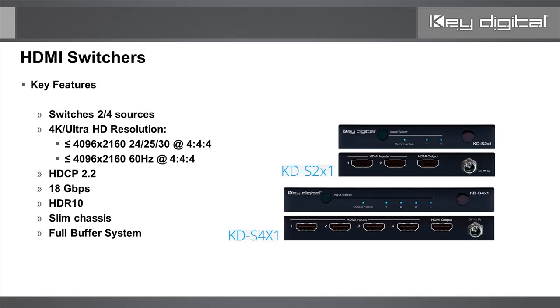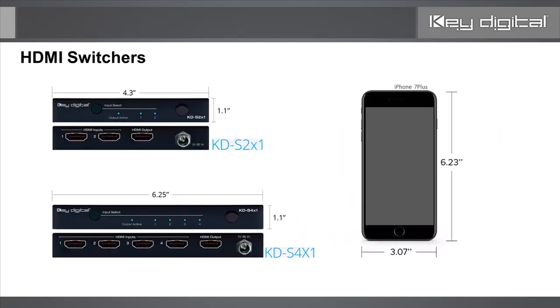So we have KDS 2x1 and KDS 4x1, push button and IR controllable devices that are full 18G UHD 4K resolution support with HDCP 2.2 and HDR10 information on the EDID handshakes.